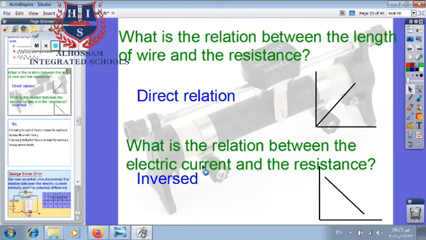We said that the length of the wire and the resistance are directly related, while the electric current and the resistance are inversely related. So the length of the wire and the electric current will also be inversely related.